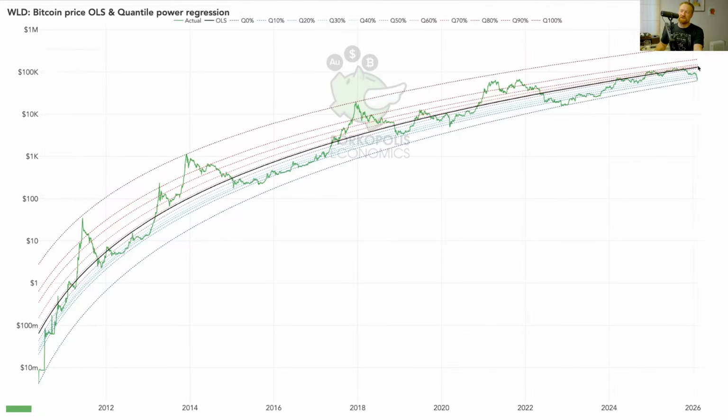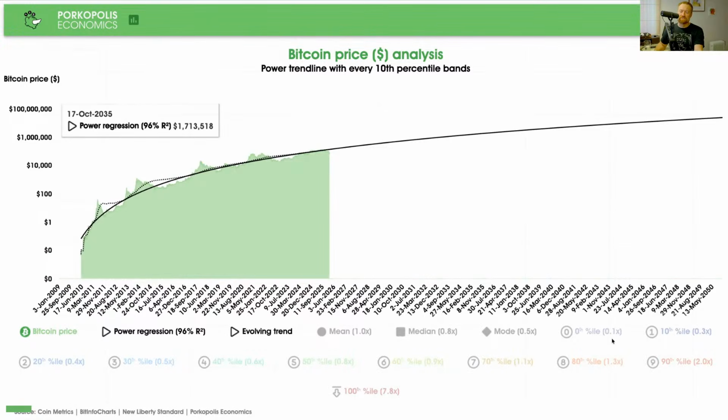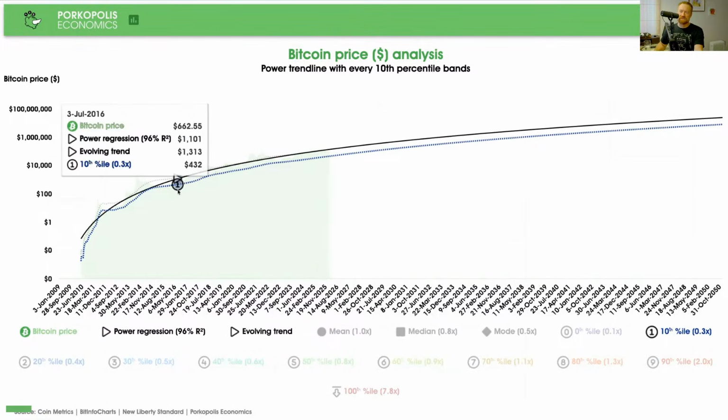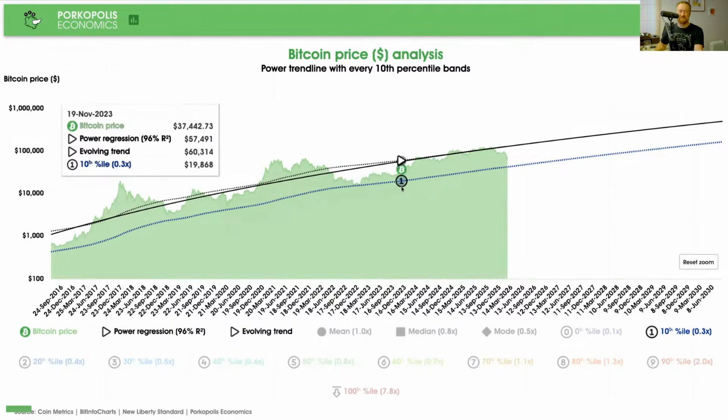You have the quantile model, where every different line is slightly not parallel to the next, doing its own sort of thing. We're as good as at the bottom. Or we get the multiple model, which again, is less precise.